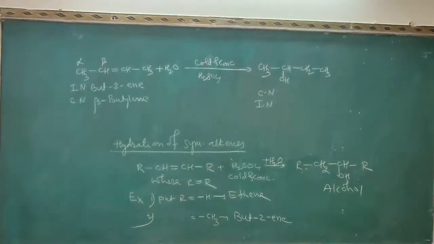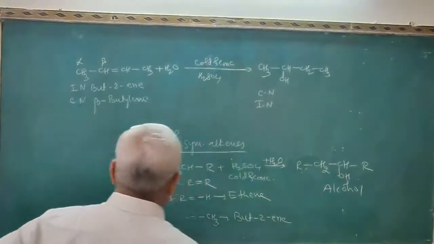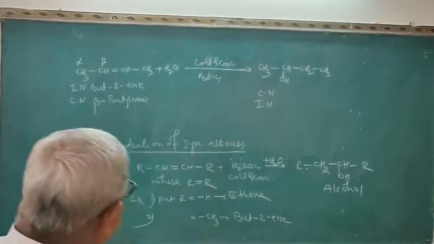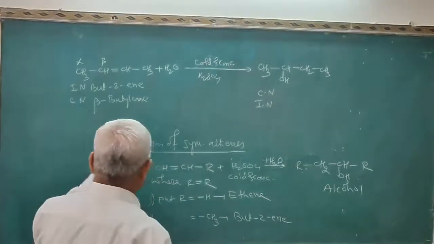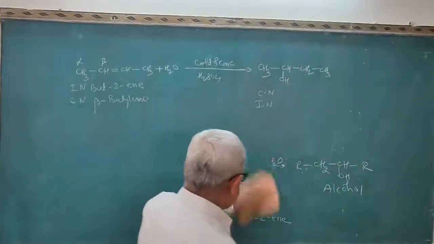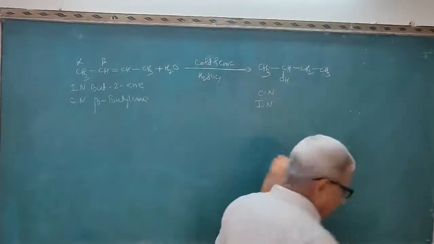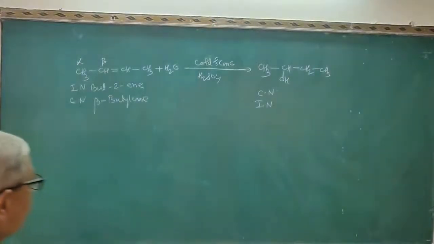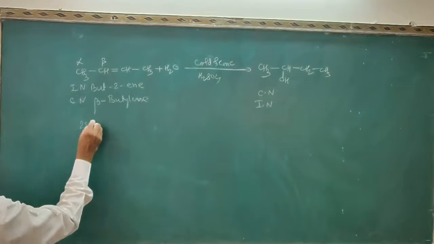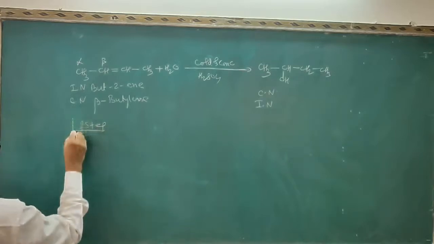I will not write it because I explained it in the point on nomenclature. IUPAC name is butan-2-ol. Now see the mechanism of this reaction. It is a two-step reaction. I will explain how this structure is formed during this.